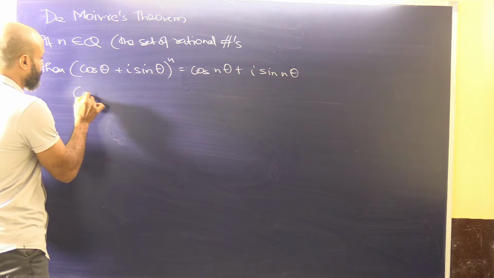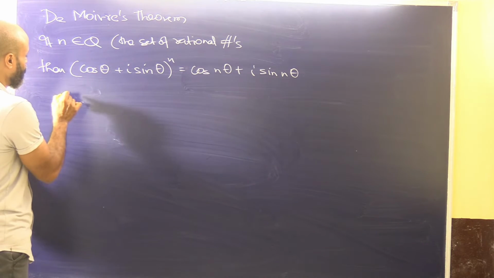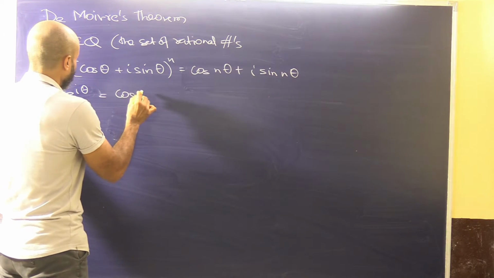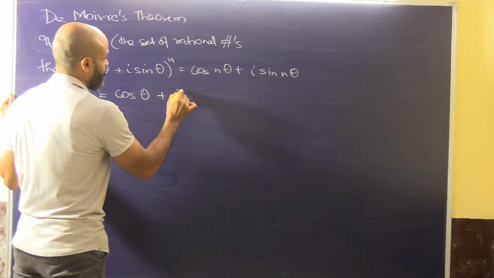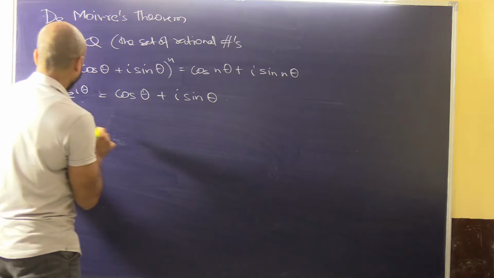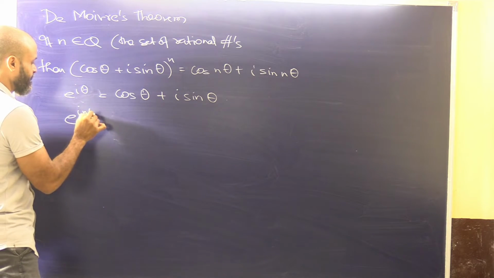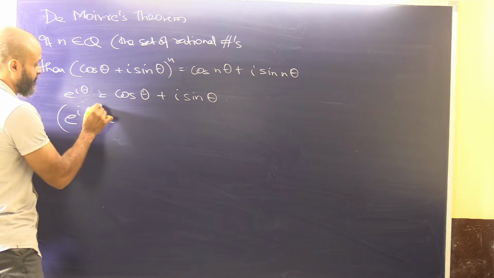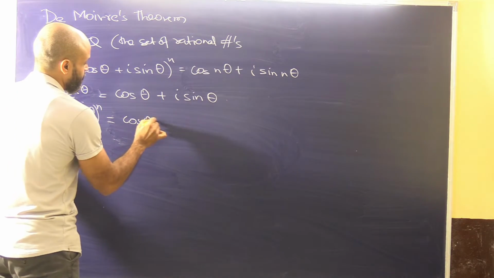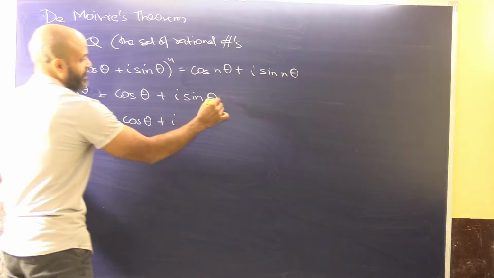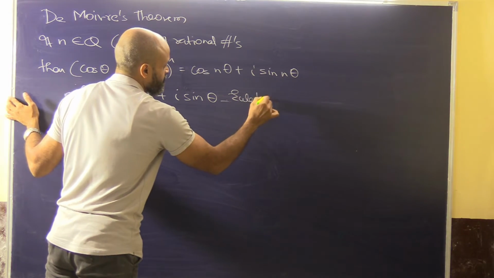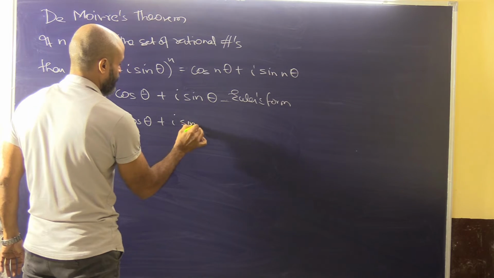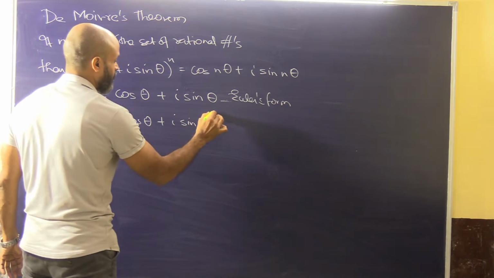So how do we prove this? Let e^(i theta) be equal to cos theta plus i sin theta. This is the Euler's form. So obviously e^(i n theta), that is (e^(i theta)) to the power of n, will be (cos theta plus i sin theta) to the power of n.